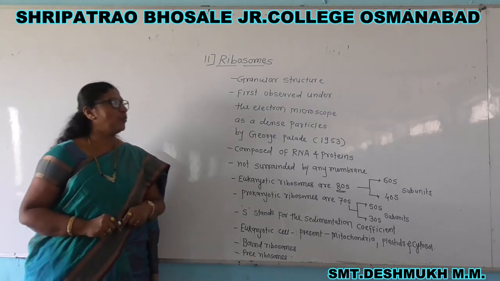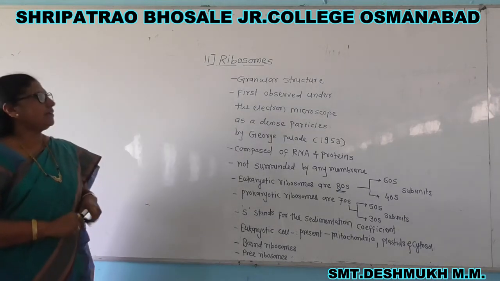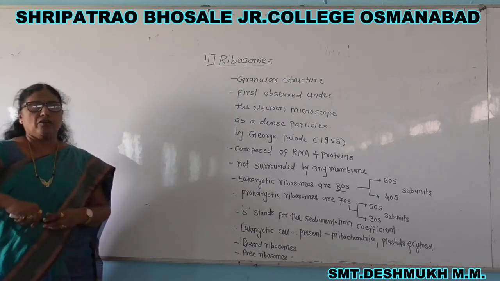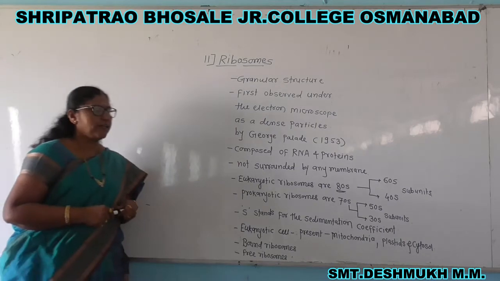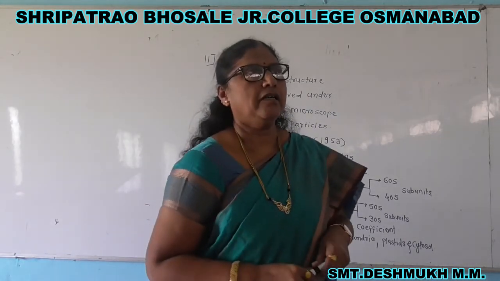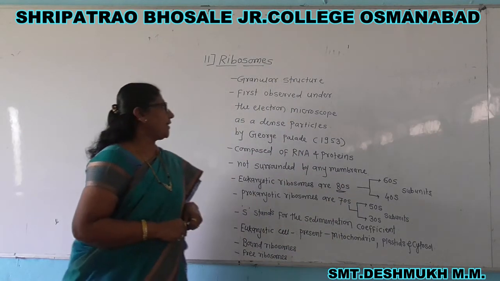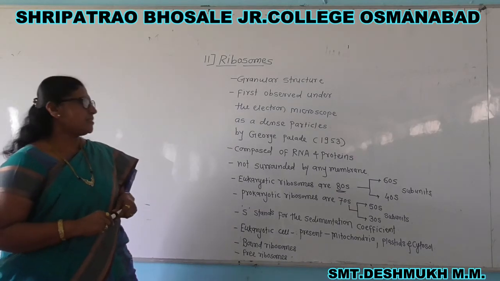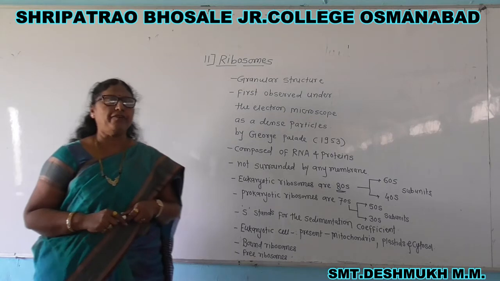Today we discuss the next cell organelle, ribosomes. Ribosomes are granular structures first observed under the electron microscope as dense particles by George Palade in 1953.